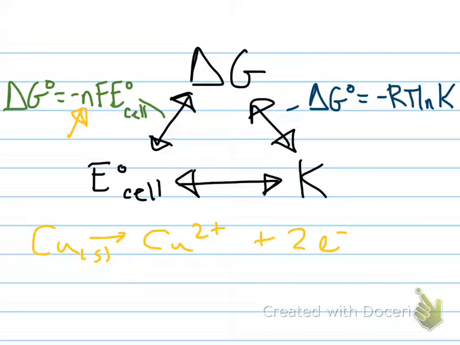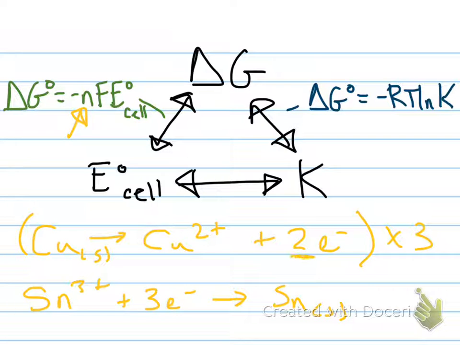Now if we combine this with, let's say, Sn3+ plus 3e- goes to Sn solid, if we had both of these half reactions and we combine them, we would need to multiply this reaction by 3, so we can get 6 electrons, and this reaction by 2, so we can also have 6 electrons, and that way our electrons can cancel out. But we would have a total of 6 electrons traveling throughout this reaction. So our N in this case would be 6. It's the number of electrons that is traveling, that is present on both sides of the equation.